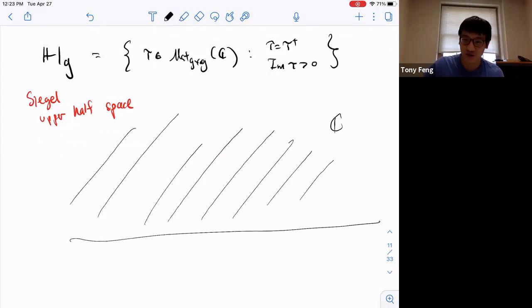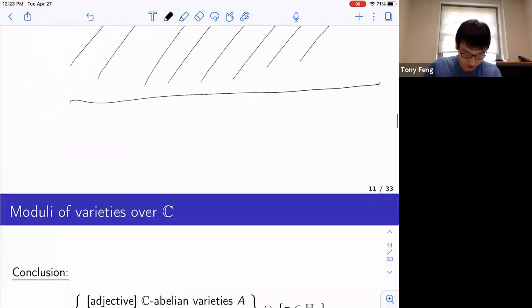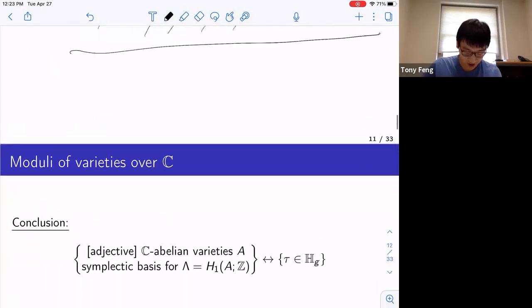Okay, so what have we said so far? What we've said amounts to the following. The space of complex abelian varieties plus the data of a symplectic basis for the lattice which defines it, which can be recovered from A as its first homology group, is equivalent to this Siegel upper half space H_g. Now, I didn't want to actually carry around this data of the symplectic basis.